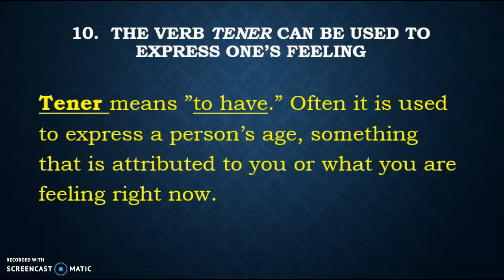So, when you hear a Spanish speaker say, tengo 20 años, you are thinking in English, I have 20 years. The person is saying that he or she is 20 years old. If you are hungry, just say, tengo hambre. Or, tengo miedo, you can say, I am scared.